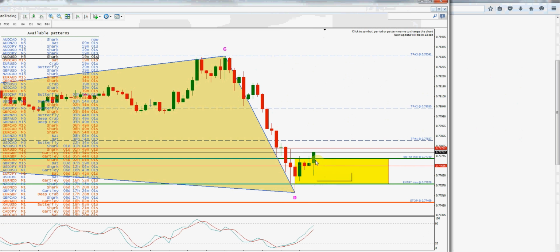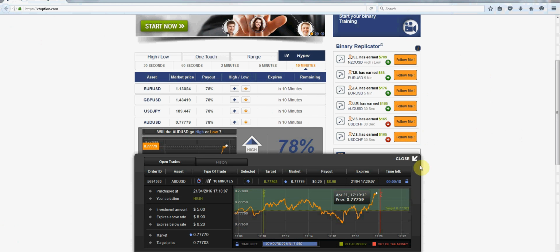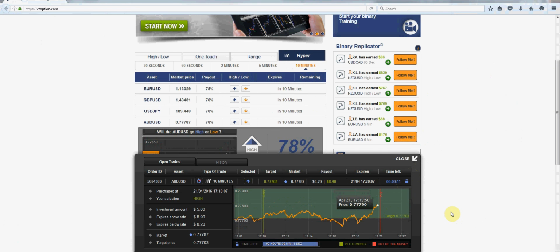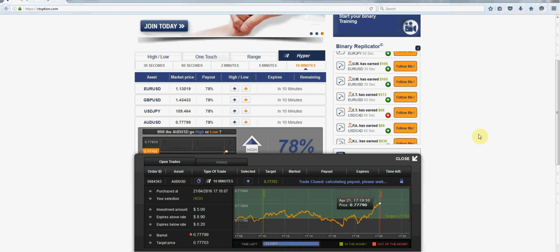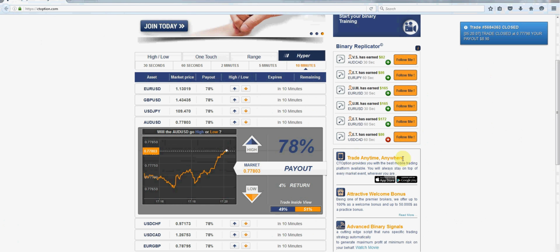As you can see, the market is starting to push up towards our profit target on the Harmonic scanner. All right, just closed out, winning trade. So we had a losing trade and a winning trade today.